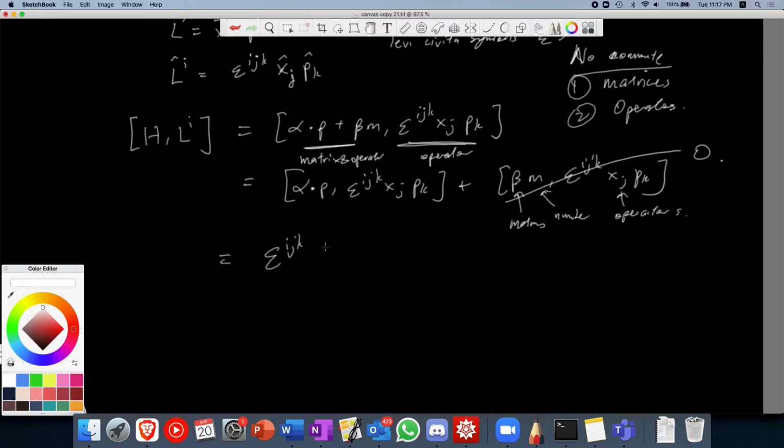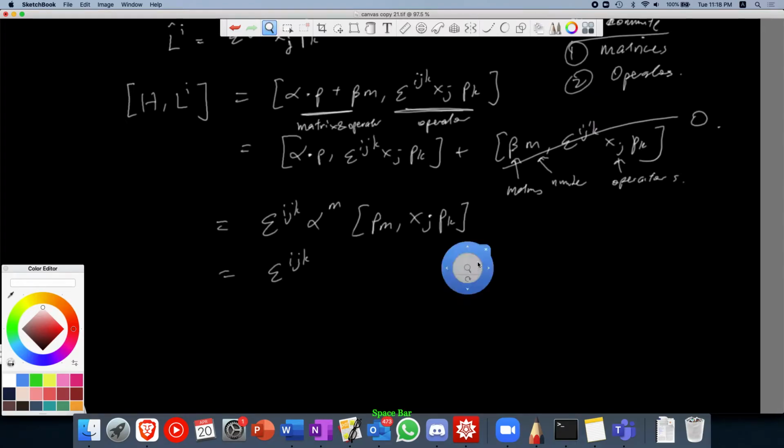So we let it be m, let's say, and then we have p m, x j, p k. Then we can apply the rule for the commutator, namely that [a, bc] equals [a, b] c plus b [a, c].